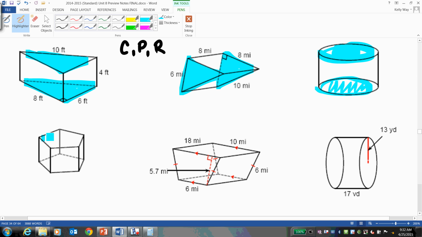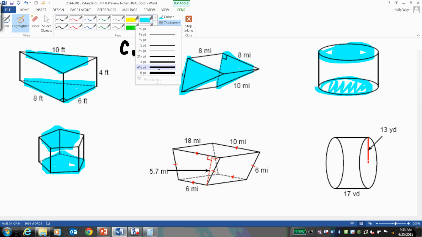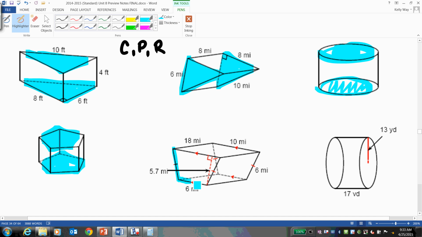The bases here are the two congruent, parallel, regular pentagons. Careful here. Many students highlight this bottom as a base, but that is not the base. Base does not mean bottom. Base here again means congruent, parallel, connected by rectangles. So your bases are actually these two trapezoids. And here, your bases turn sideways, and they are the two circles.